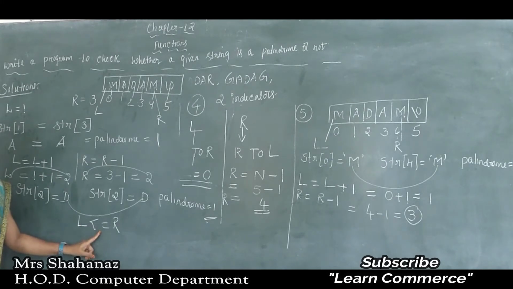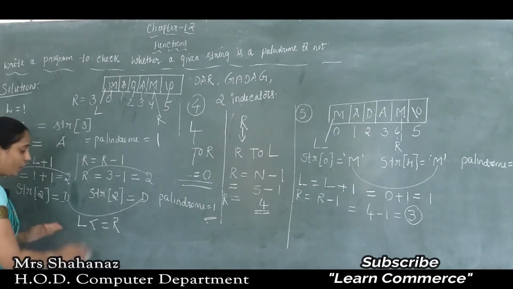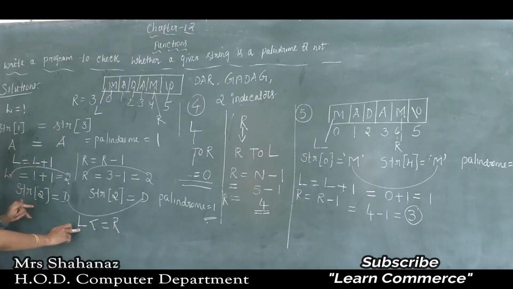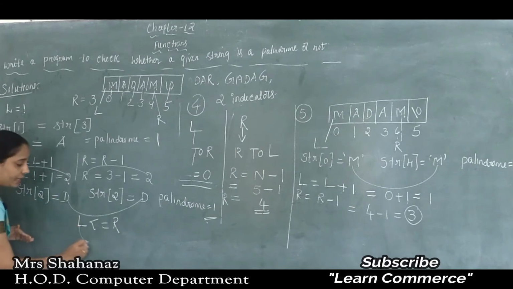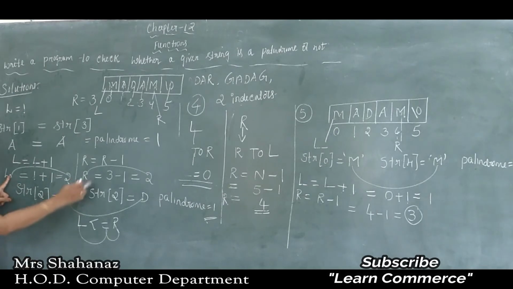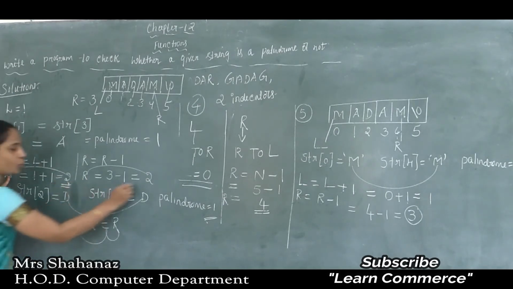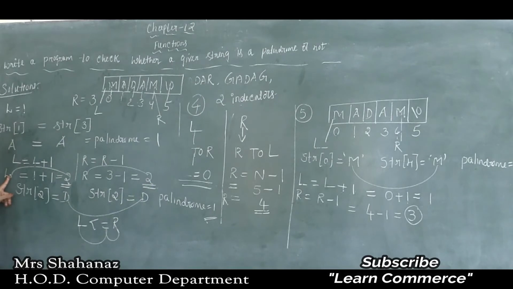Understood, everyone? Because the L value should be less than the R value, maybe less or maybe L is equal to R. So in our last condition, the L value is equal to the R value, both values are 2, correct? So we can check the condition as long as the L value is less than or equal to the R value.